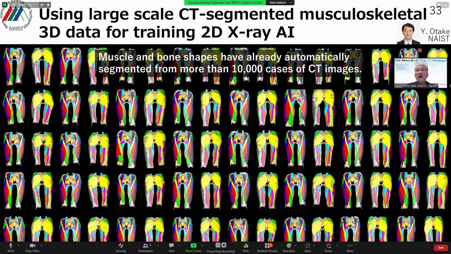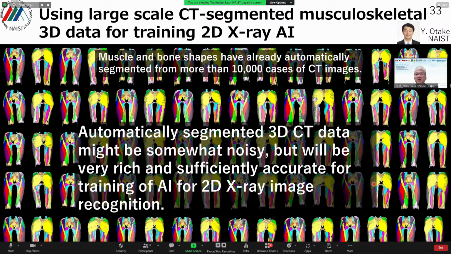So we can now easily obtain this kind of muscle and bone segmentation results. Automatically segmented 3D CT data might still be somewhat noisy, but will be very rich and sufficiently accurate for training AI for two-dimensional X-ray image recognition.